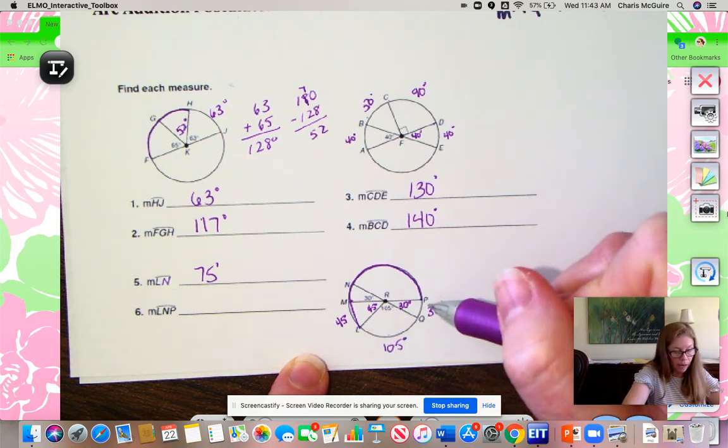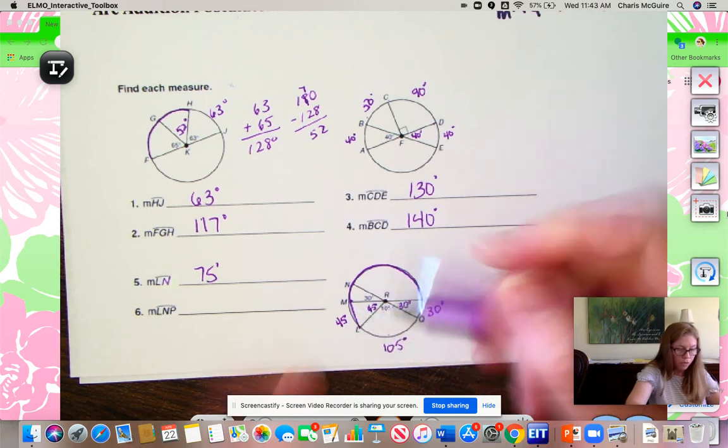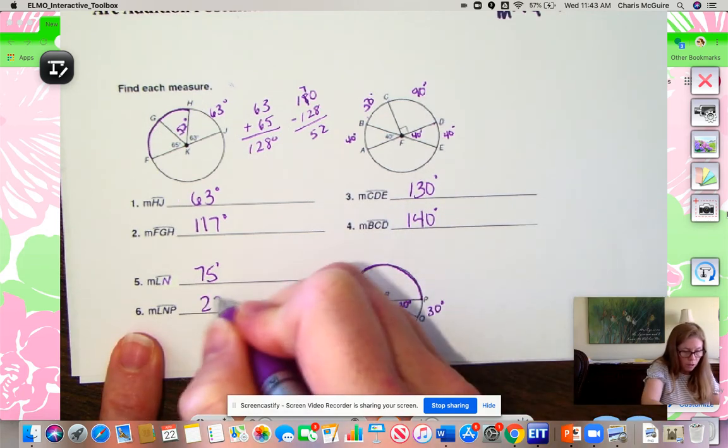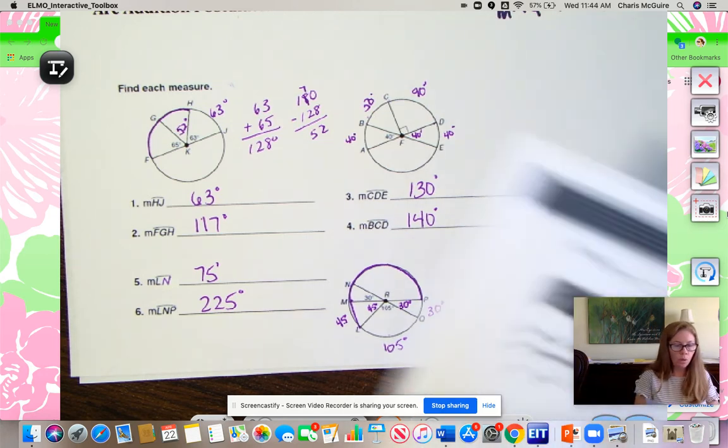You can think about it that way. I thought that was the easiest way to think about it. 180 plus the 45, which is 225 degrees.